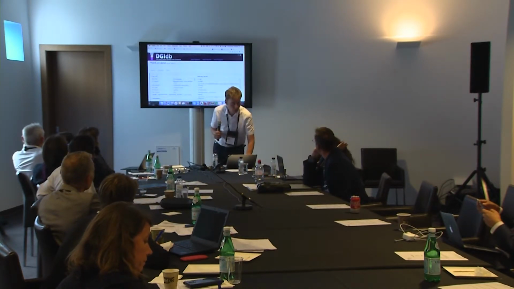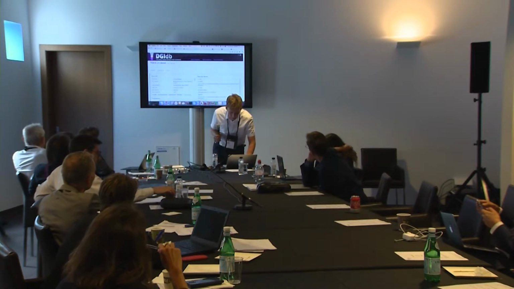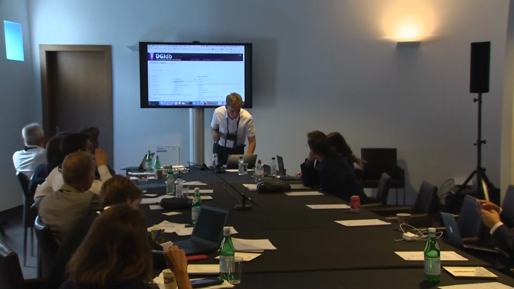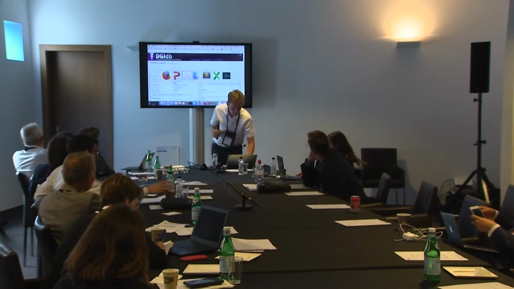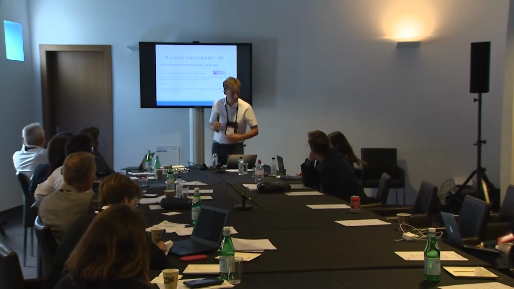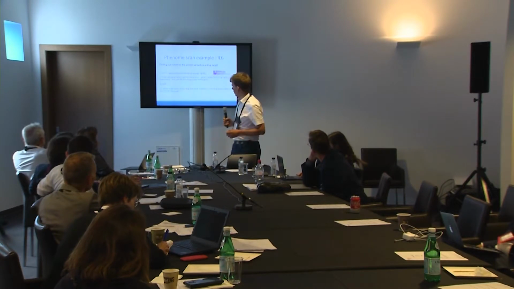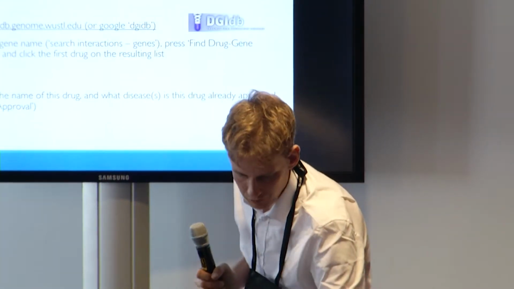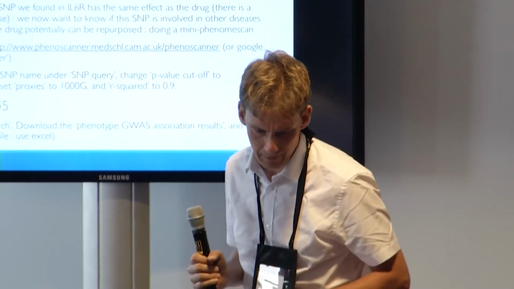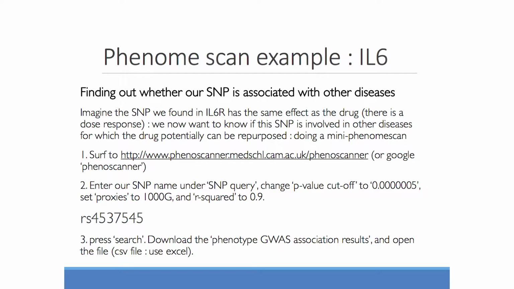So yes, there is a drug already developed for these targets, and it's indicated for rheumatoid arthritis and juvenile idiopathic arthritis. So that's your answer right there. There is already a drug target, and it already is indicated for certain diseases.